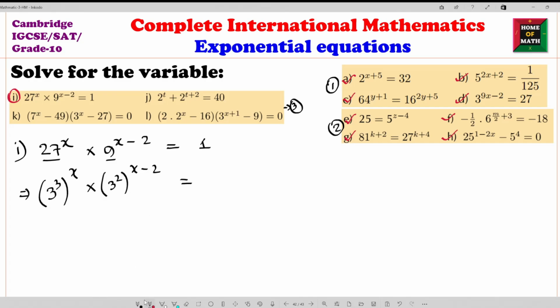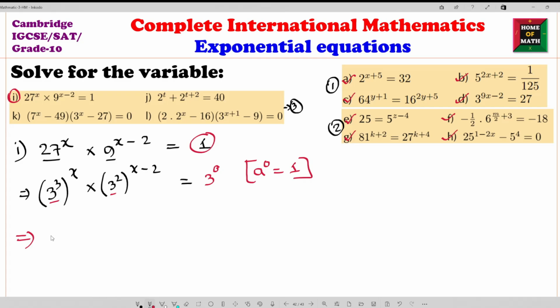Look, here the bases are 3. In this case, the 1 we can write as 3 to the power 0. Why? Because we know a to the power 0 equals 1.